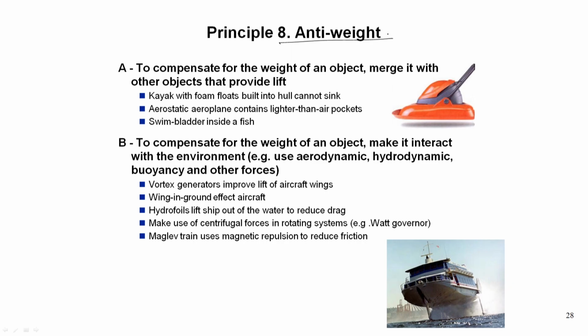Or to compensate for the weight of an object, make it interact with the environment, for example, through aerodynamic or hydrodynamic interactions. Okay. So, many different types of vortex generators, vortex shedding mechanisms, hydrofoils, aerofoils, they are all based on principle 8, either A or B, either of them.